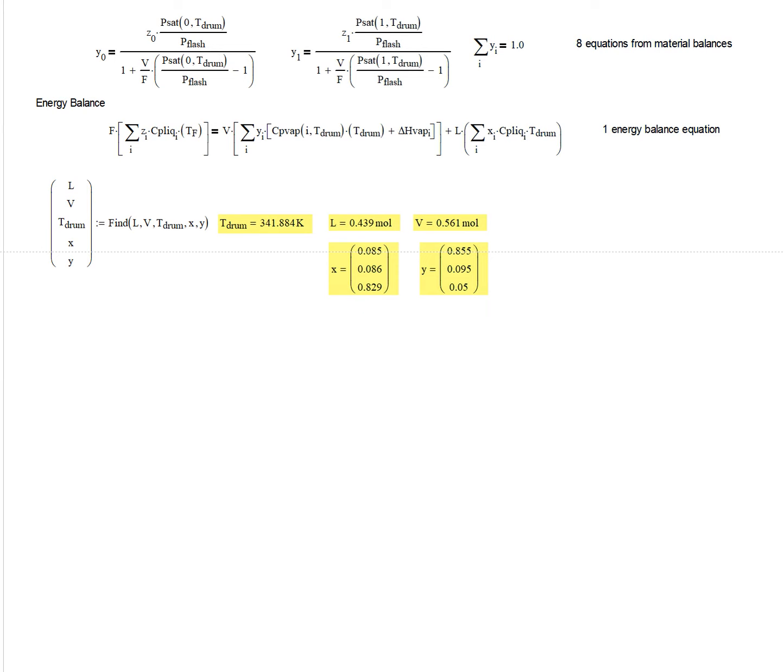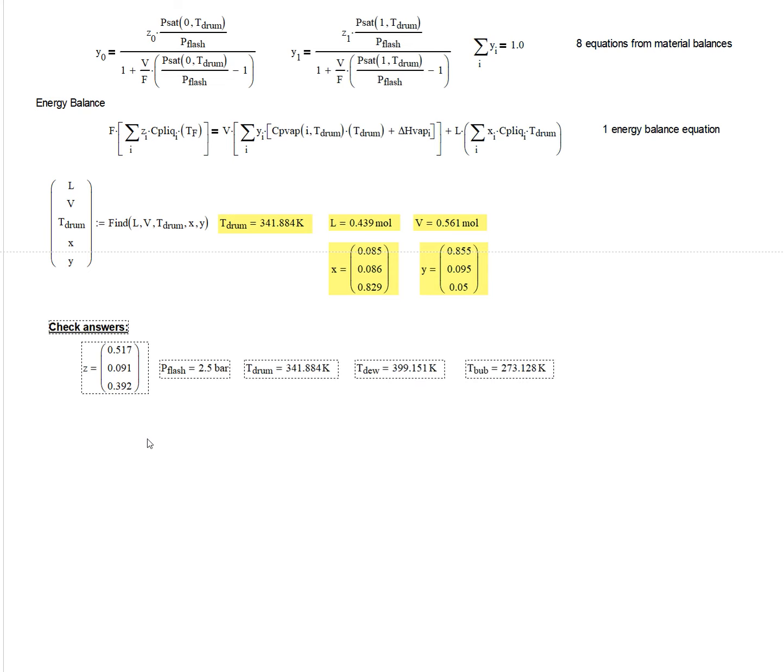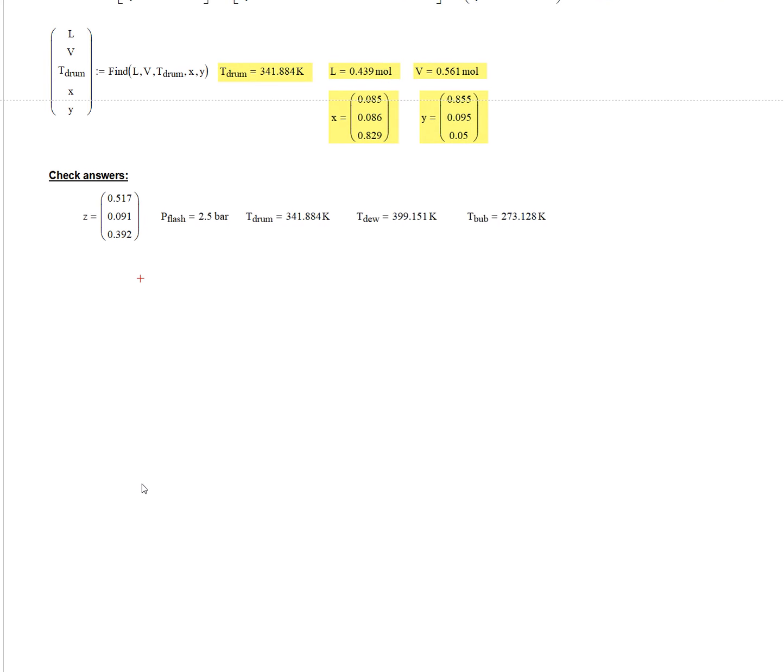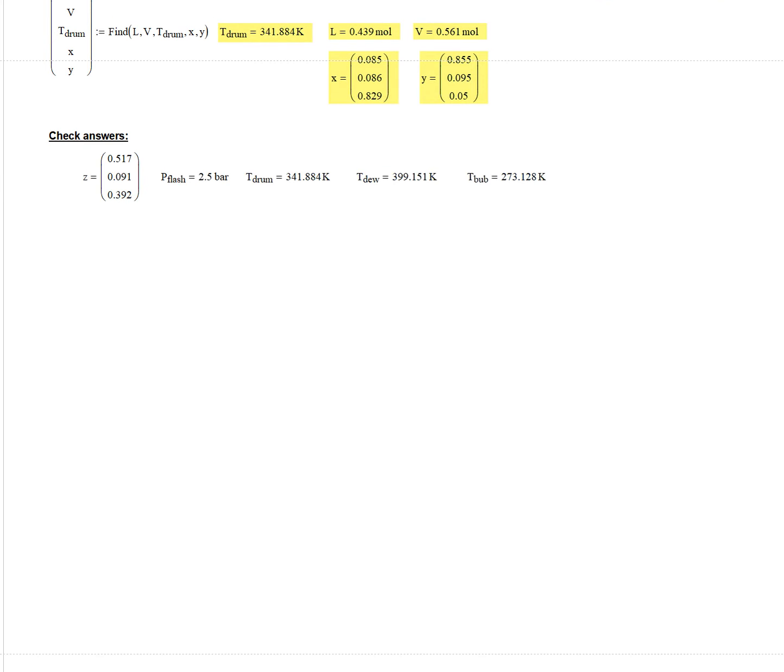We can also check our answers pretty easily in MathCAD. Again, here I've got our feed conditions and our drum temperature that we calculated, just making sure that it is in between our dew point and bubble point temperature. As I went over before, it looks like we're good there. We can do our material balance.